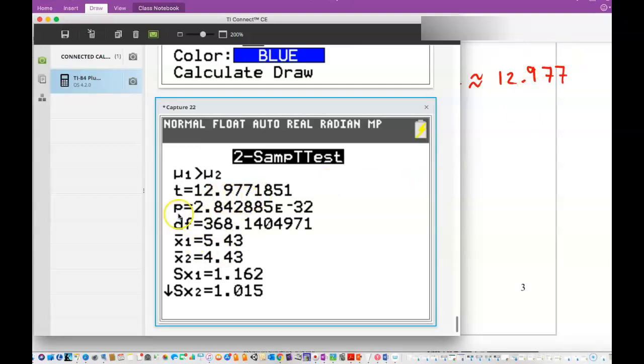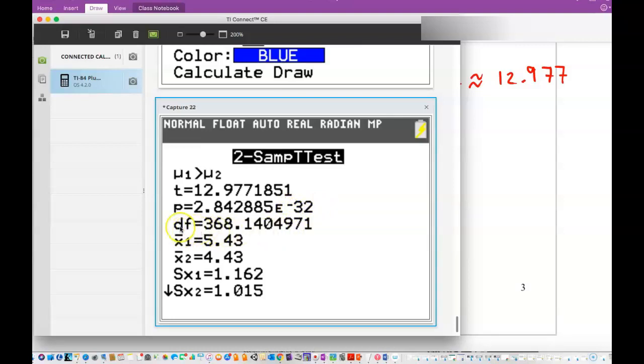And then P value is 2.84285. I want to round it to 2.84. And what this means is multiplied by 10 to the power negative 32. I want to write exactly what I have here, but rounding it to those two decimal places. I'm not using that one to write the decimal points because I don't want to write all those zeros.